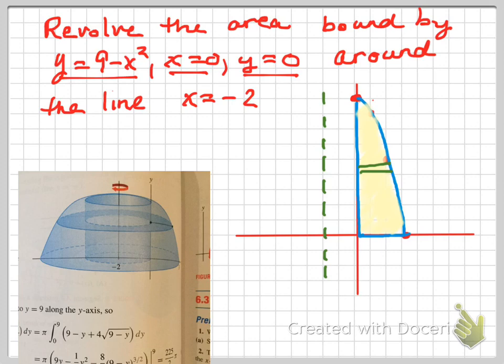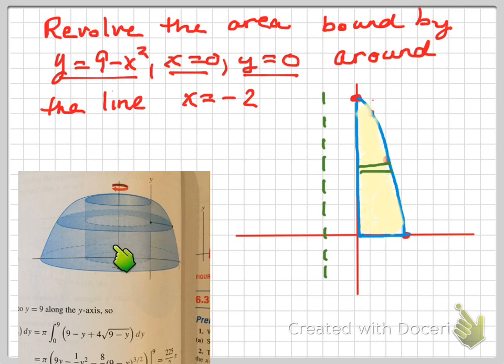My outer radius would be the distance from this vertical line all the way to the outside of the washer. So from here to here. We know this distance right here is 2, and so I'm going to need to add 2 to this length right here.